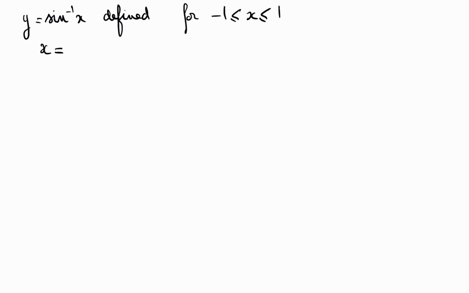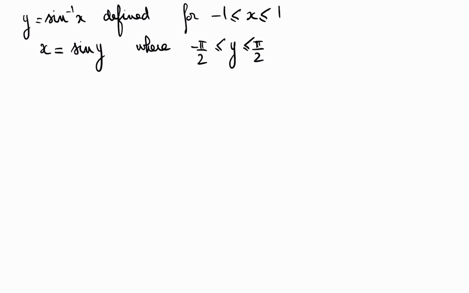So sine minus 1 of x is defined for x between minus 1 and 1. So if we have y equals sine minus 1 of x, that means that x is equal to sine y, where y is between minus pi on 2 and pi on 2.